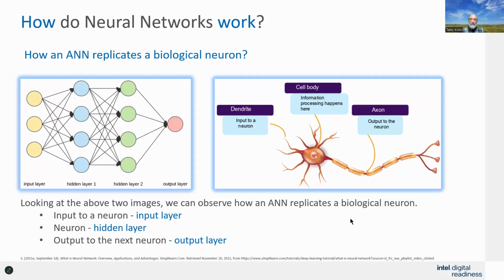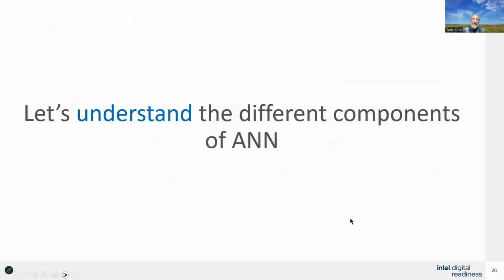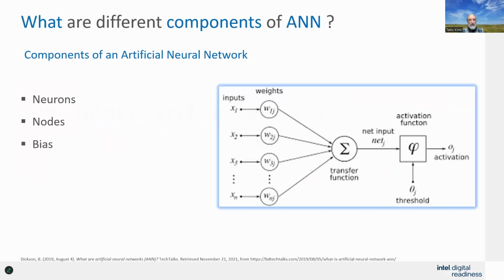And once again, good example. All right, let's look at the different components here. As we start to look at this, we do have components inside the neural network that are kind of matching the real neurons, and the terminology that goes with it.